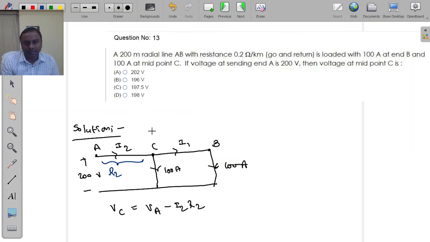R2 total length: 200 meter is 100 meter and this is 100 meters. So 0.2 ohm per kilometer.